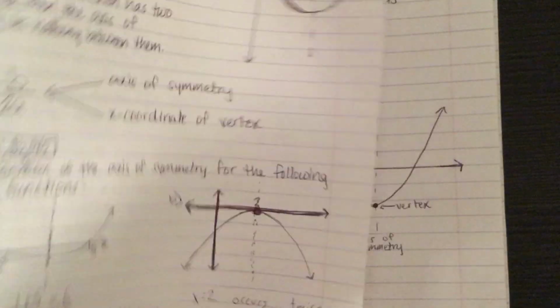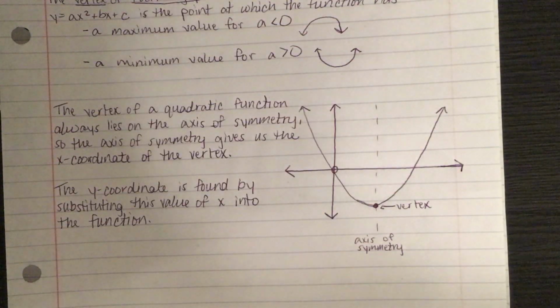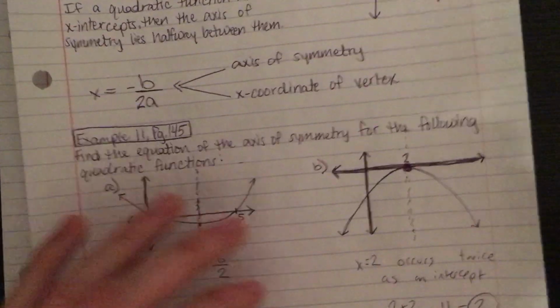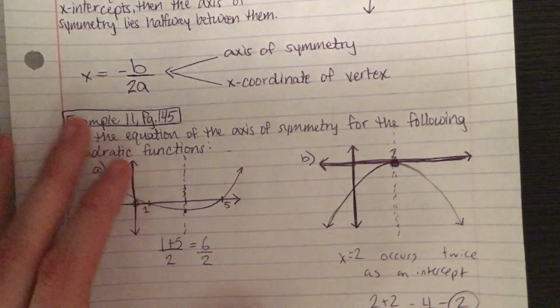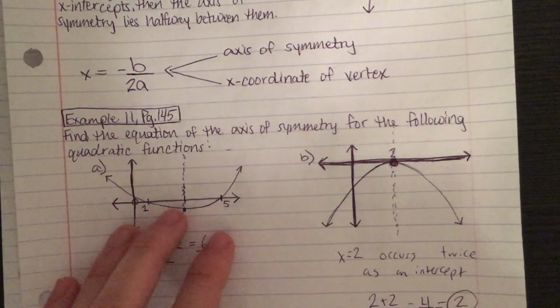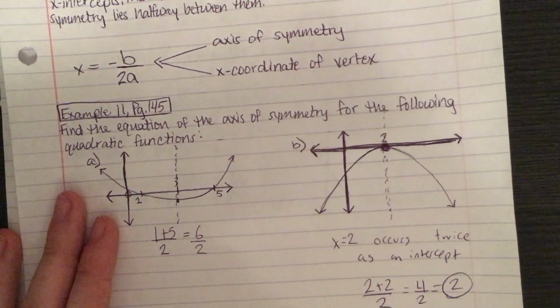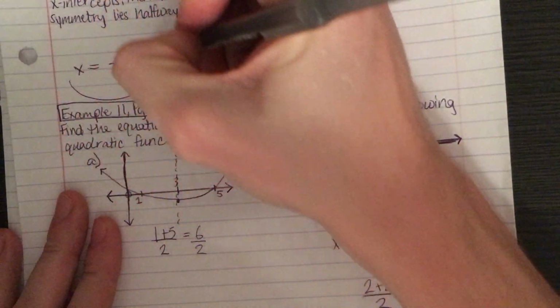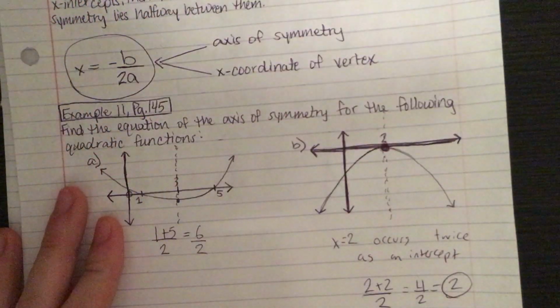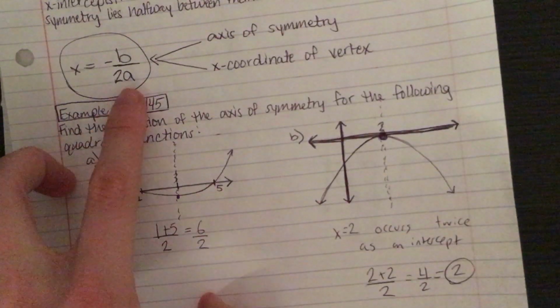So using that, again, to find the axis of symmetry without having to add that stuff together, to surefire find it, if it's in standard form, you can just use the formula x equals negative b over 2a.